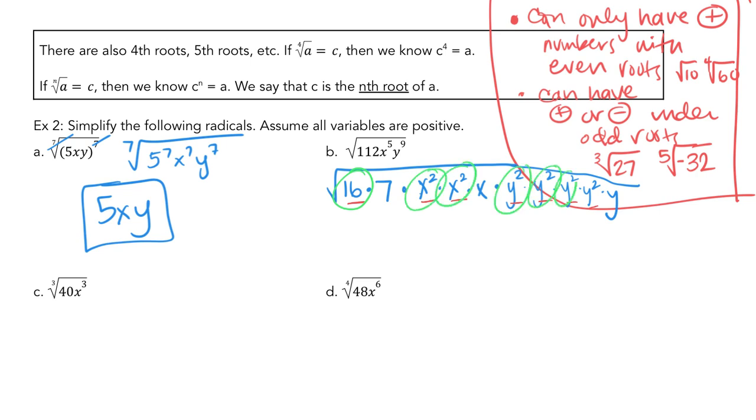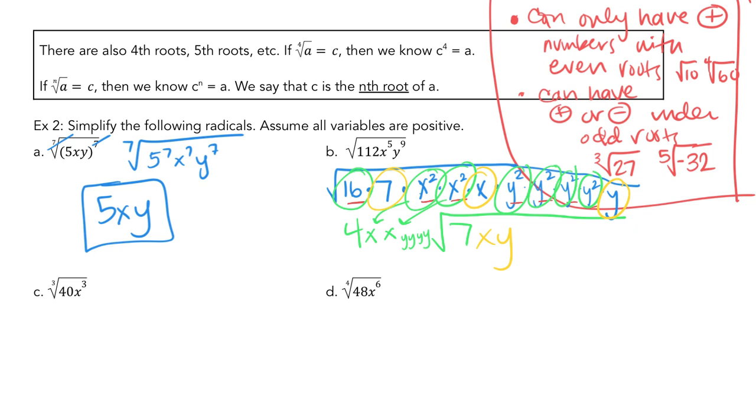So the square root of 16 is 4. And then there's going to be stuff left over. So the 7 is left under the root. Now I've got an x squared. When I square root the x squared, I'm going to get x. And x squared is going to be x. And then I've got 1, 2, 3, 4 y's that are going to come out. And everything that's left over, the 7, the x, and the y, are left over under the root.